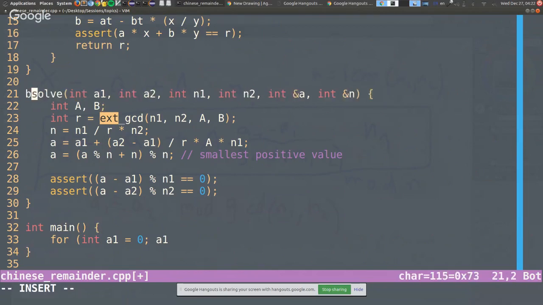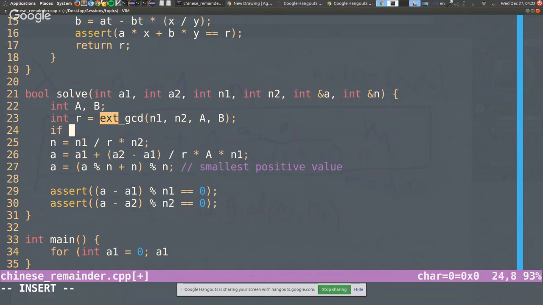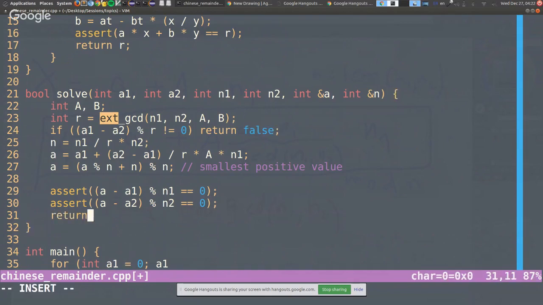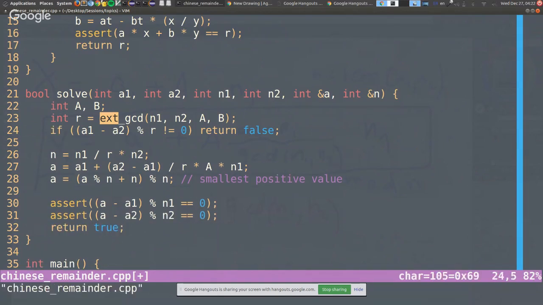Also return here a Boolean like solvable or not, and 0 and false. Here it means we found a solution. Here it means the condition that we assumed is wrong, so there is no solution.